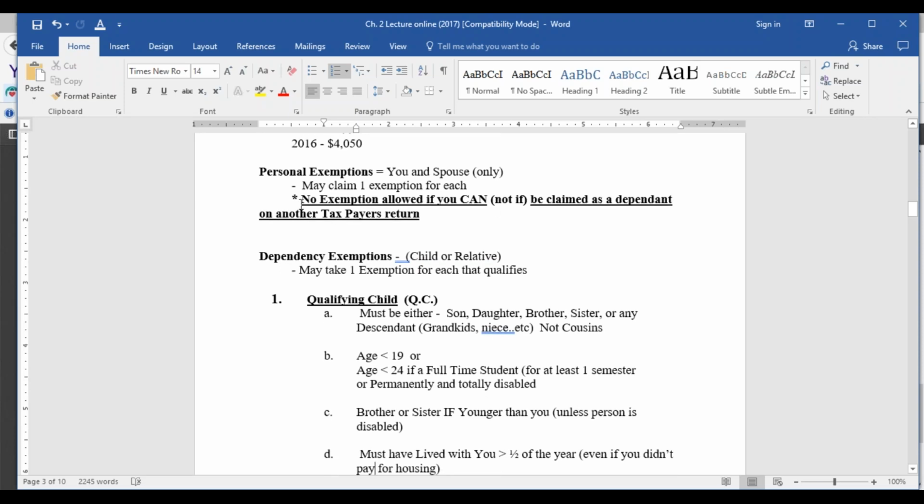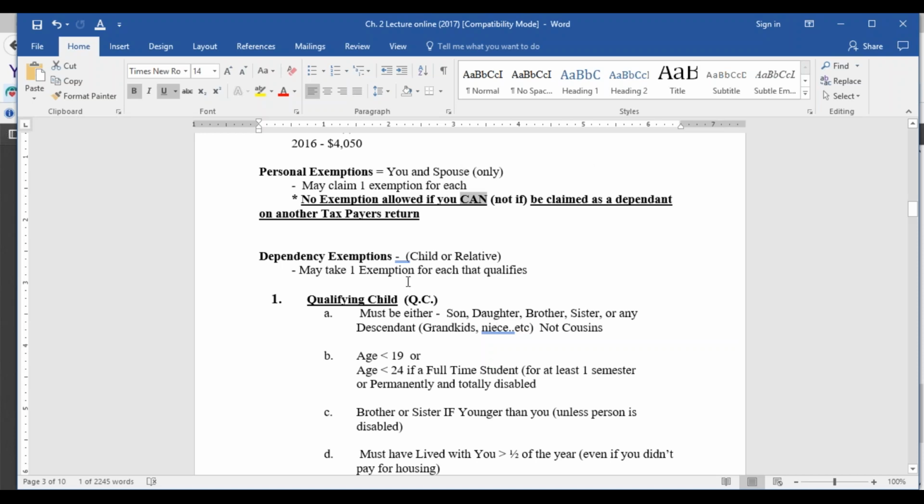You cannot claim, as you can see here, yourself as a personal exemption if somebody else claims you. Not just if, but if they can claim you. I want to specify that. I even said it not quite right.